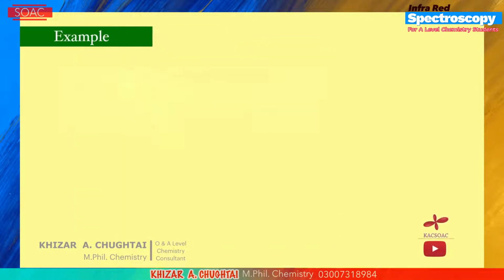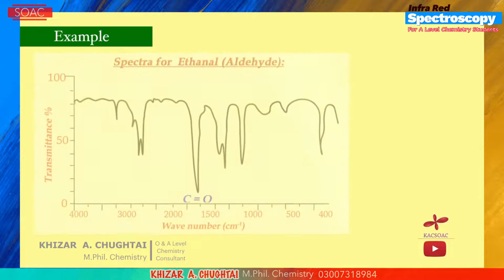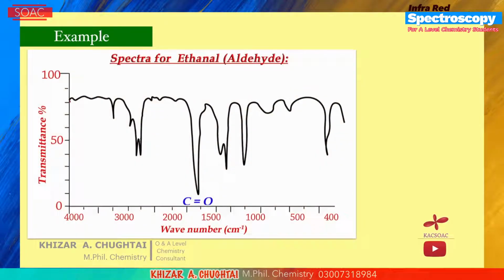Next, let's talk about a different example. This is a spectrum of ethanal, an aldehyde. Once again, I'm going to cut this spectrum roughly into two portions. The strong signal lies at 1700 wave number.